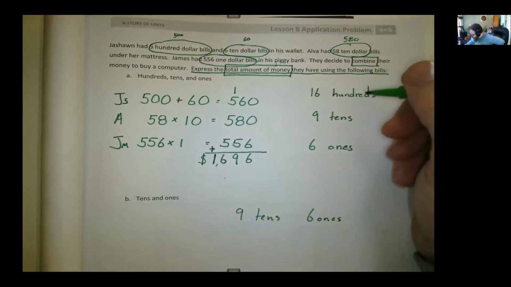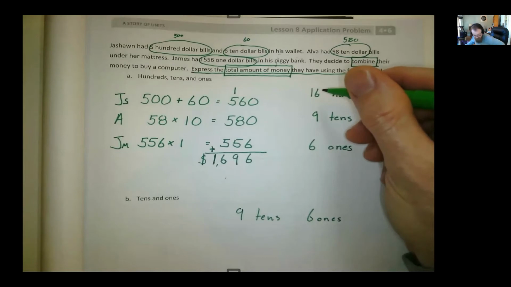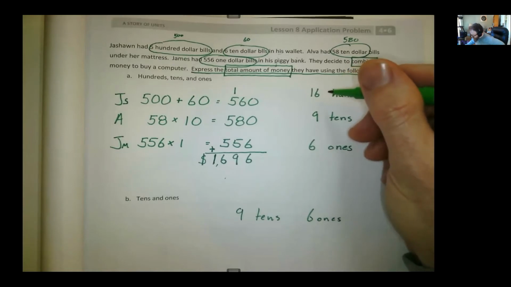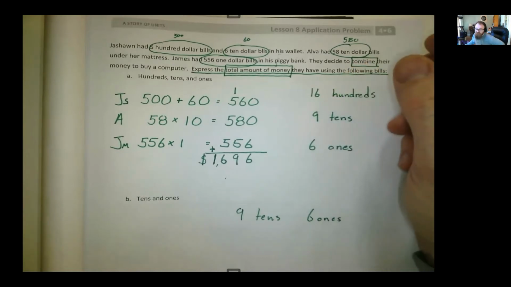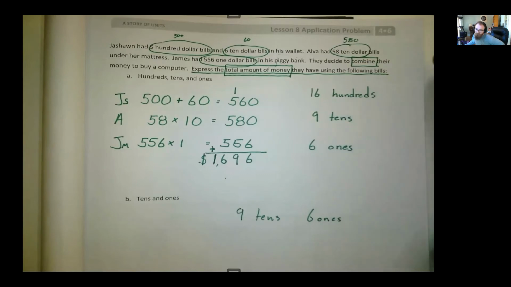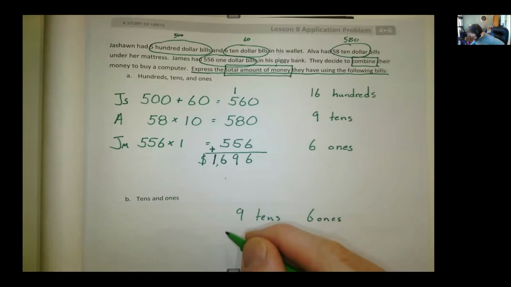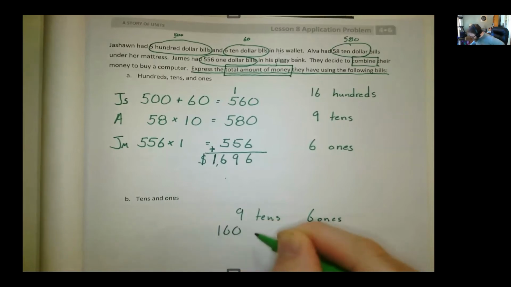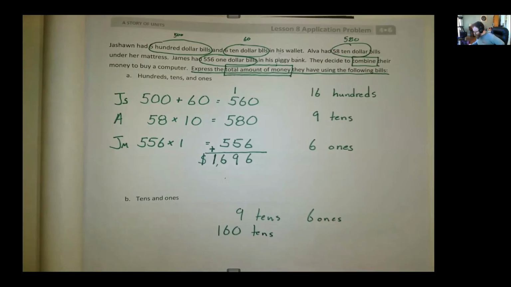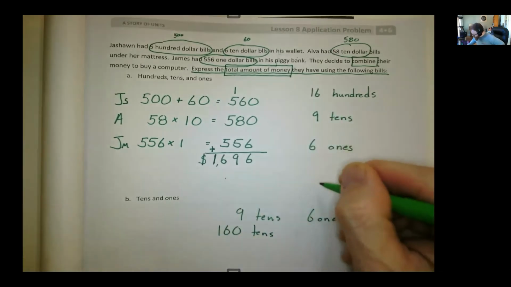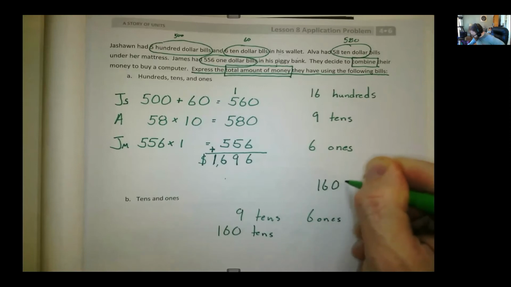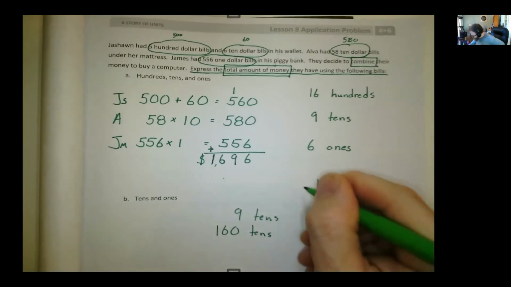In order to do that, you won't need 16, you will need 160. A $10 bill is 1/10 of a $100 bill. So you would need 160 tens to represent the same amount, because remember, this is 1600s. 1600s can also be said as 1,600.